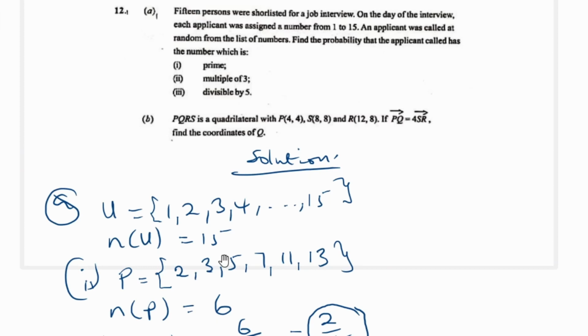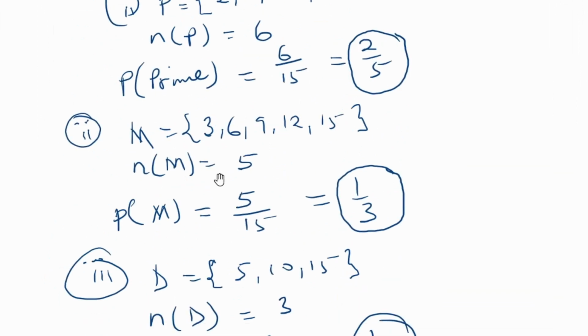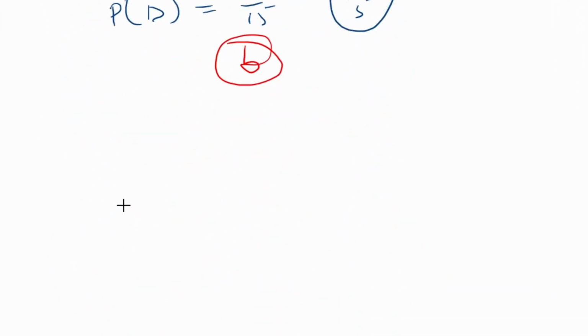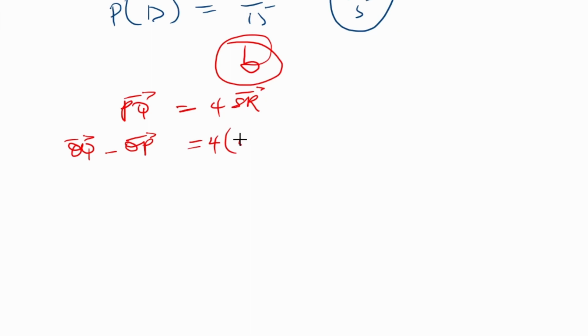If vector PQ equals 4 vector SR, find the coordinate of Q. Let me start with that last part of the information, which is vector PQ equals 4 vector SR. By the basic knowledge from vectors, PQ will be OQ minus OP, and that should be equal to 4 times OR minus OS, all vectors.